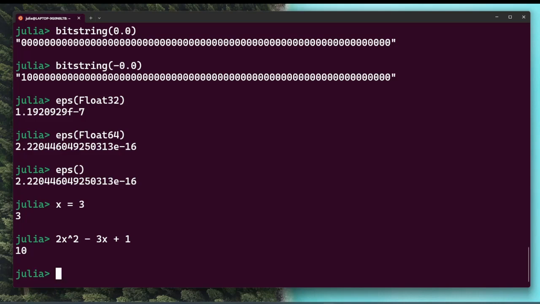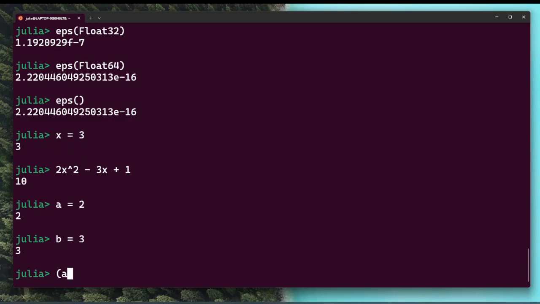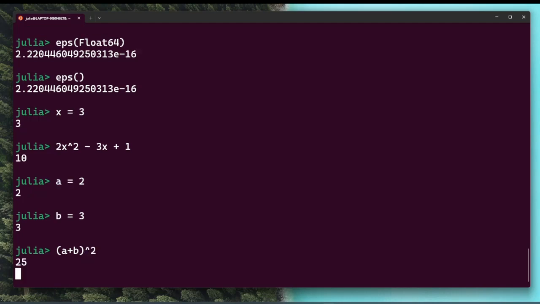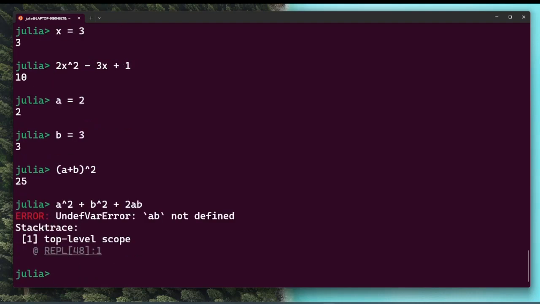For example, if you assume a equals b, you do a plus b raised to, then it doesn't work that way. You might assume that it is a square plus b square plus ab, but Julia doesn't know. So the right way is to use explicit operators, since ab it doesn't know.